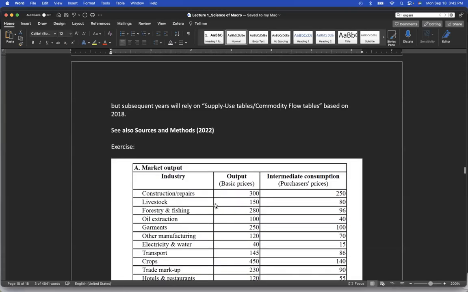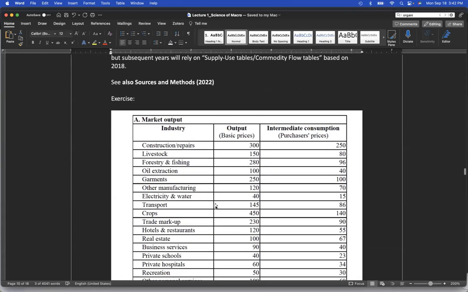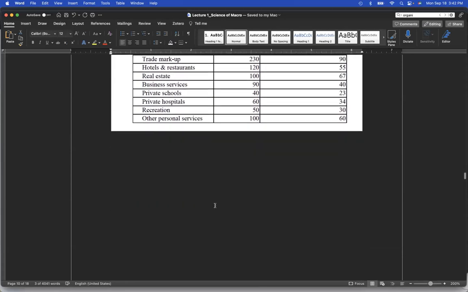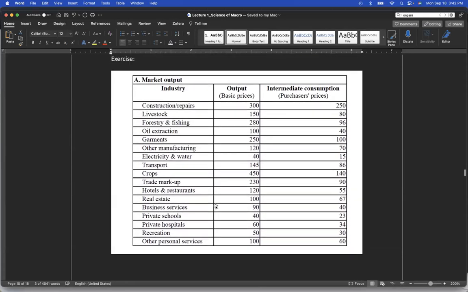Okay. So now, let's just try this. Let's take this table here. If you were using this data to calculate GDP, ano ang gagawin mo?